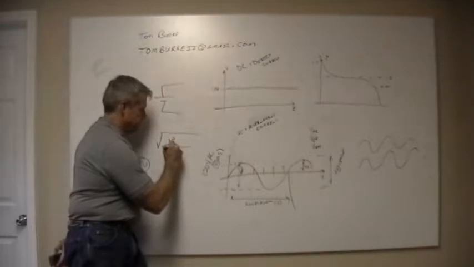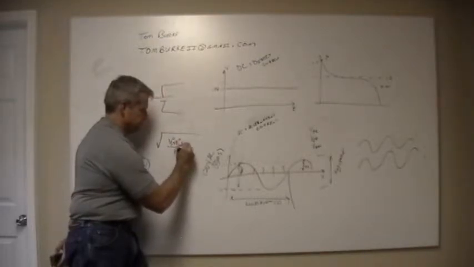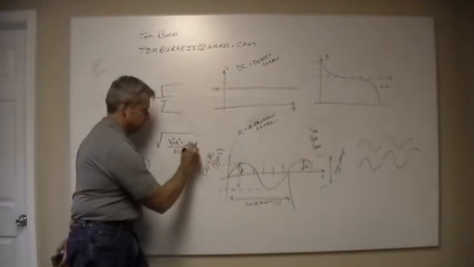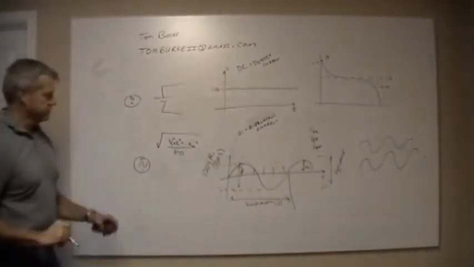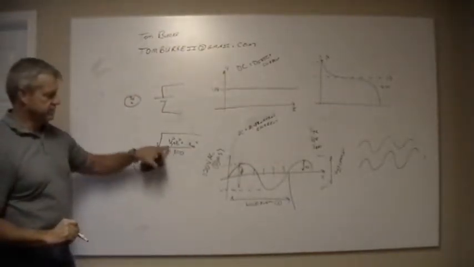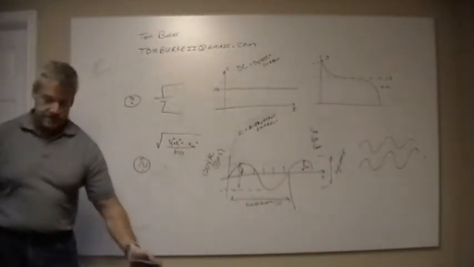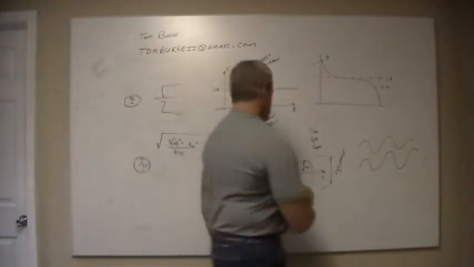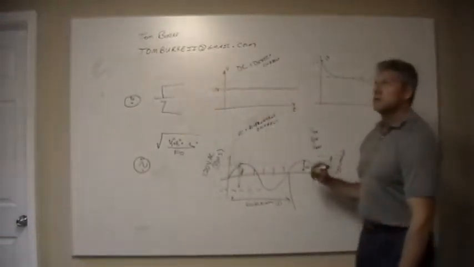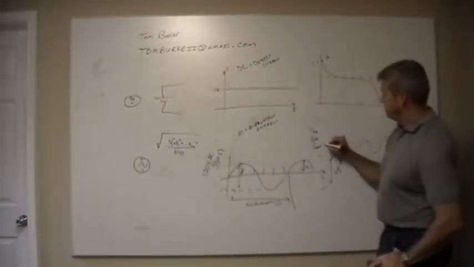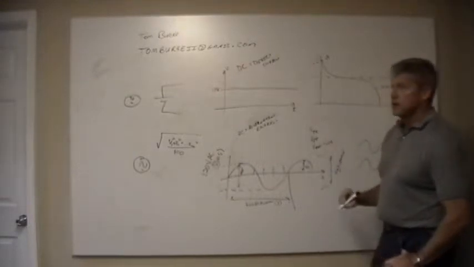So V1 squared plus V2 squared through V100 squared. The root of the mean of the squares. Root mean squared. Practically speaking, on your wall, the RMS is equal to 120.